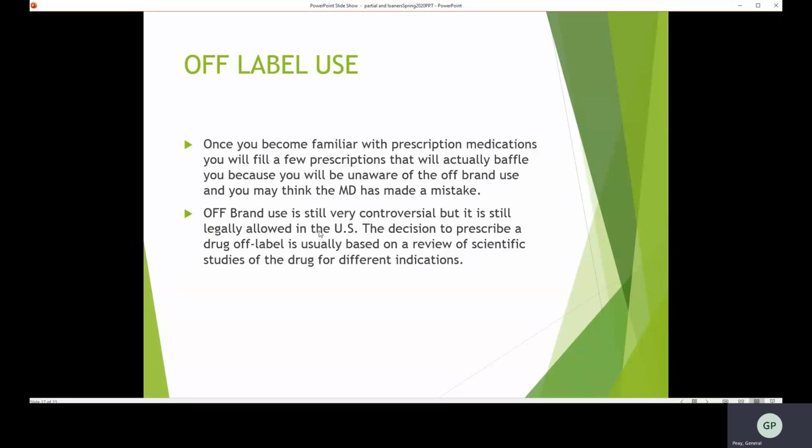Now, when I say off-label use, sometimes drugs that are indicated for other things or FDA approved for other items, they have either side effects or other effects that help other conditions. So when I talked about hydroxychloroquine, there were studies that the medication helped people who had COVID.